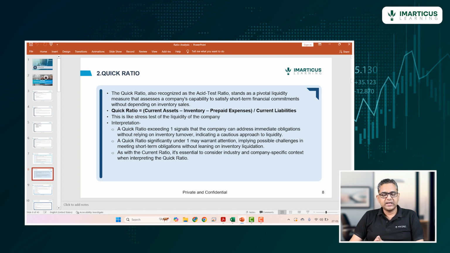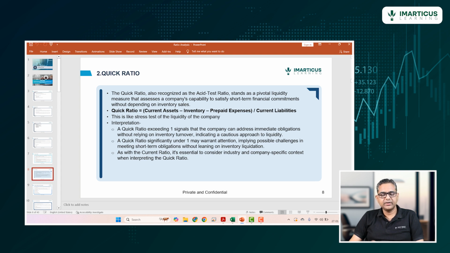If inventory does not get converted into cash quickly, and obviously prepaid expenses are expenses we have already prepaid, so there is no cash coming in from there, we remove these two items from current assets. Then, do the remaining current assets have the ability to pay down the current liabilities or not, right?